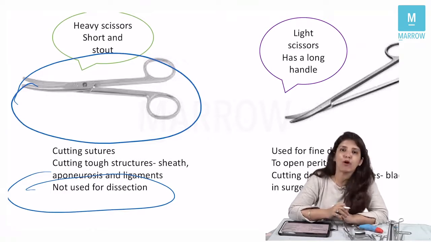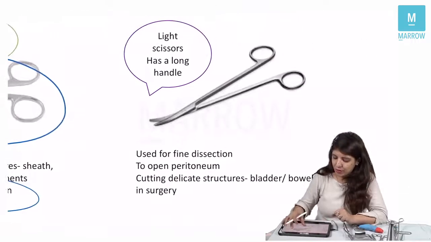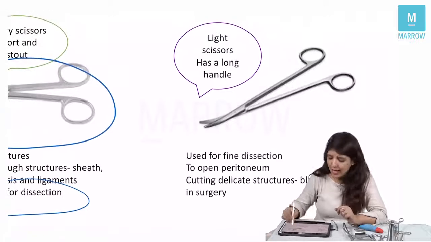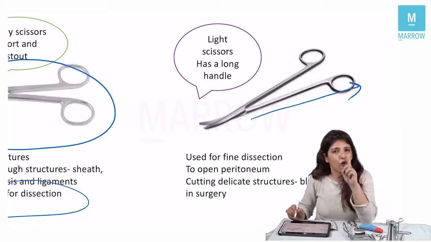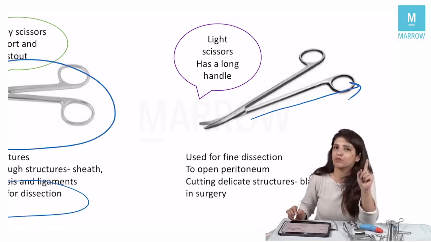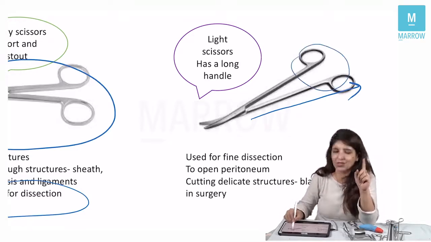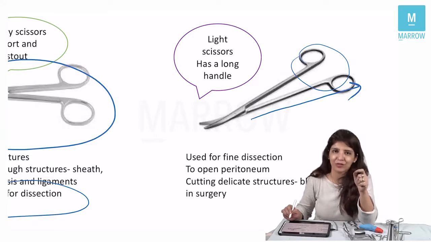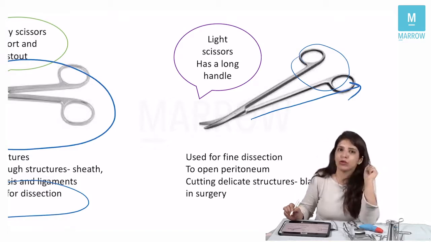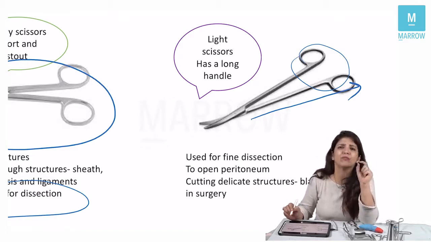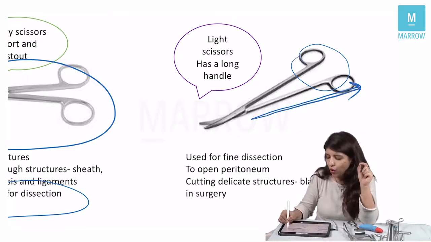Now, Metzenbaum scissor is a scissor which is very light and it has a very long handle. That is how you're going to identify it. Always scissors and forceps can be identified on the basis that scissors will never have a lock, right? Forceps will have a lock, right? Now, how do you identify Metzenbaum scissor and a Mayo scissor? A Metzenbaum scissor will be a very light scissor and it will have a long handle.